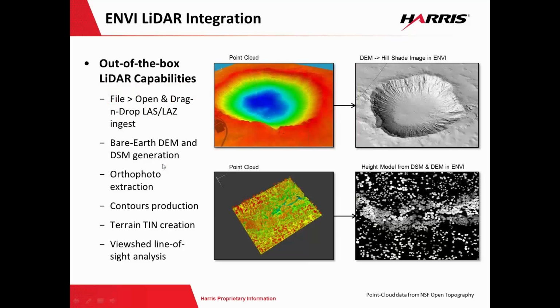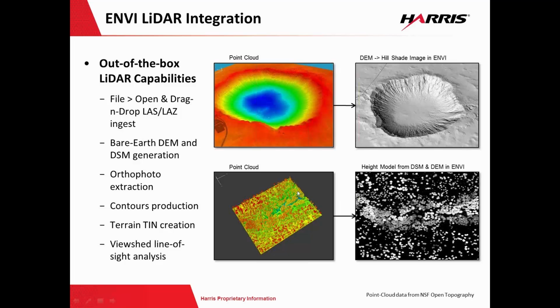First off, on this slide I'm showing some products that have been generated out of the box with ENVI. We've taken our point cloud, and we can create digital elevation models and surface models. Within ENVI, we can pull our extracted elevation model and create hill shades, slope, and aspect. There's a lot of different products that can be generated now right out of the box.